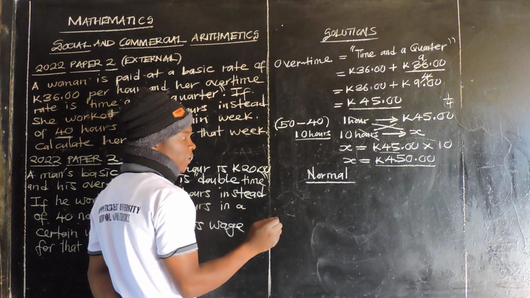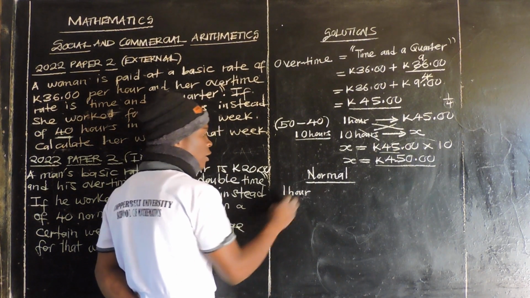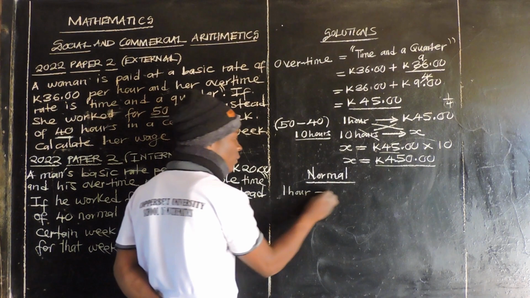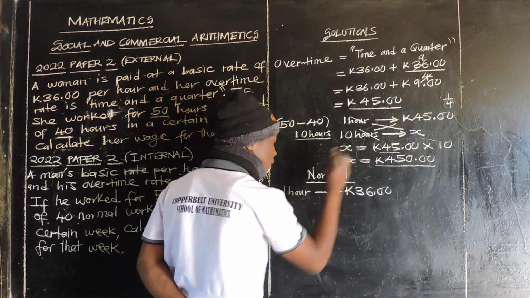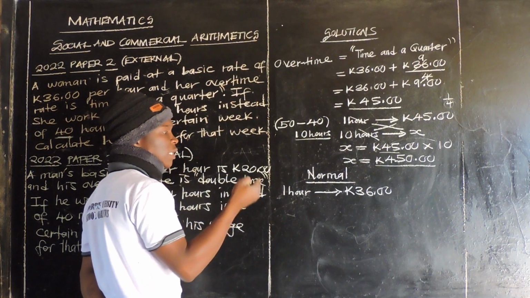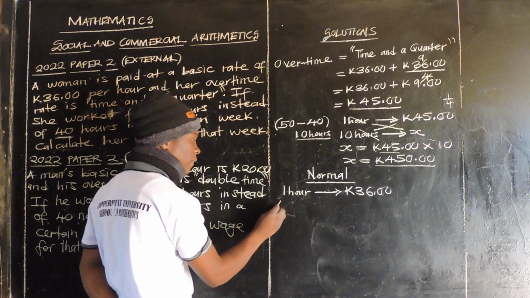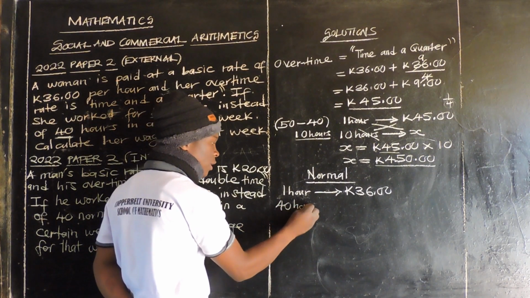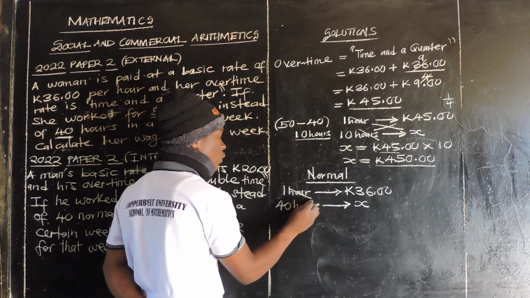Now we know that if she works 1 hour, the agreement was she was given how much? 36 kwacha per hour. That was the agreement. Then what's the total number of hours she worked for the entire week? It's 40. So 40 hours is equal to x.